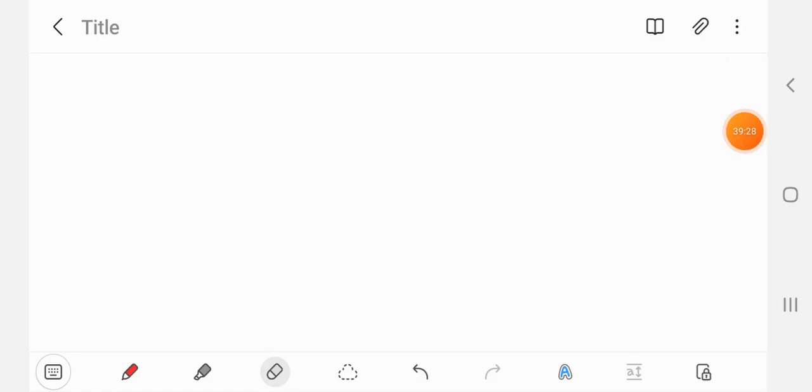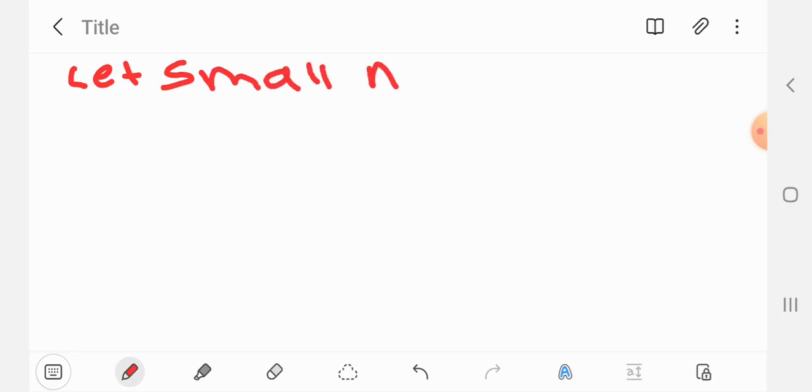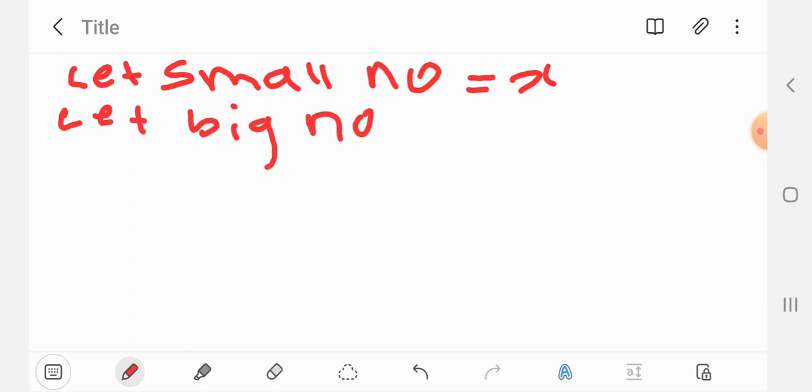So here we are going to let the small number equal x, and then let the big number equal y.